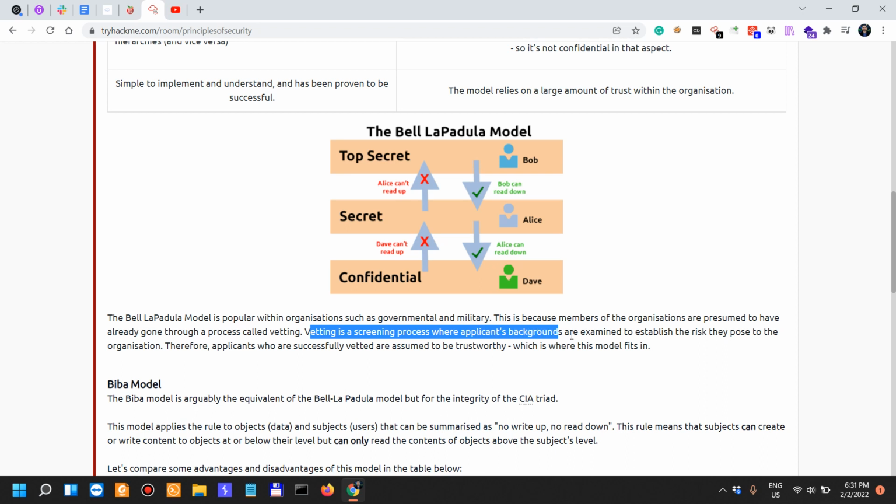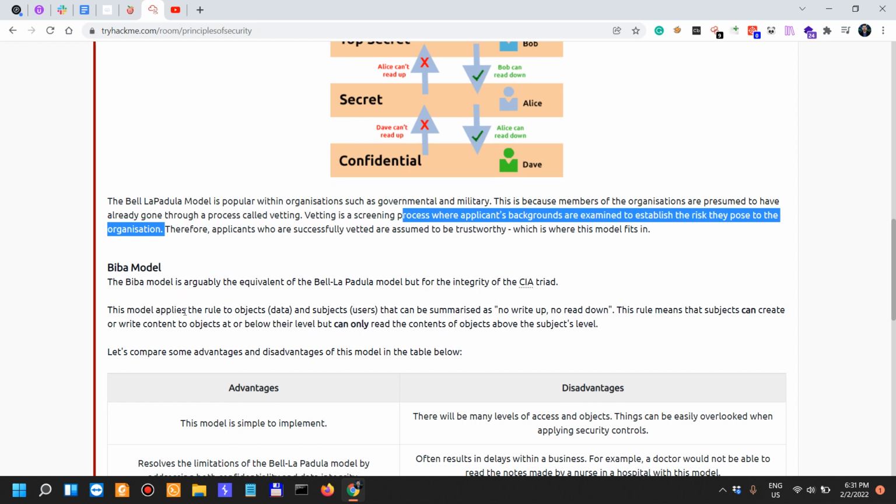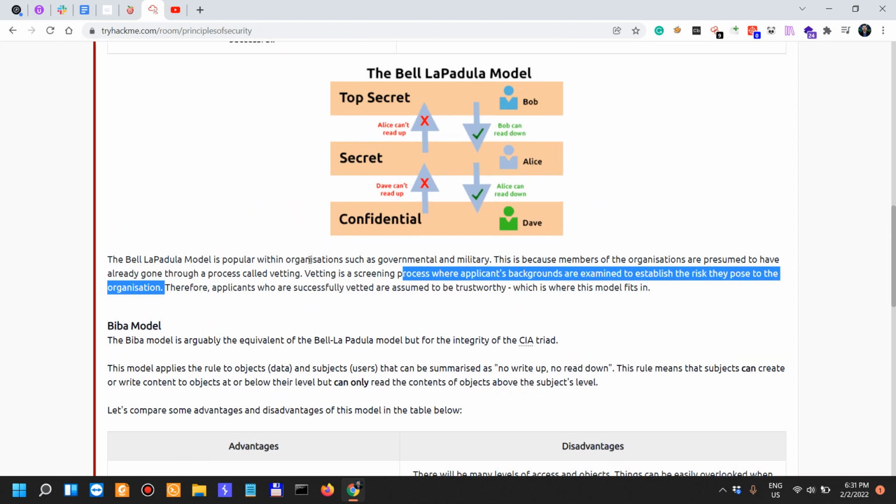Vetting is a screening process where applicants' backgrounds are examined to establish the risk they pose to the organization. Therefore, applicants who are successfully vetted are assumed to be trustworthy. So, the Bell-LaPadula model: government, military.